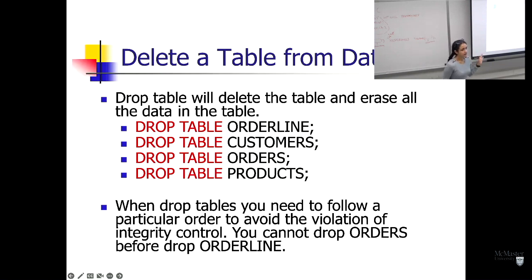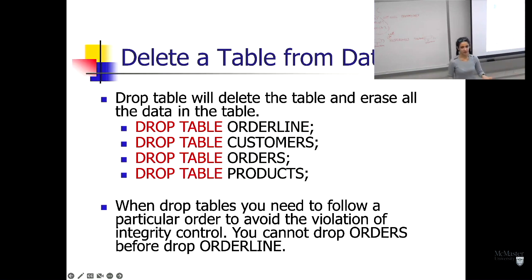And what if we want to delete or drop a table from the database? So here is the code: drop table, table name, easy. Again, you have to be careful about the integrity control.